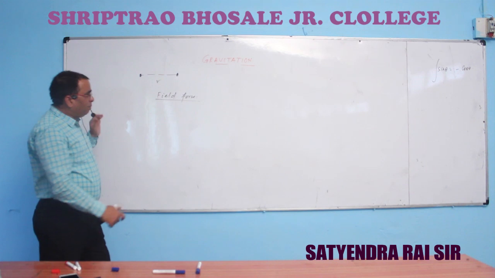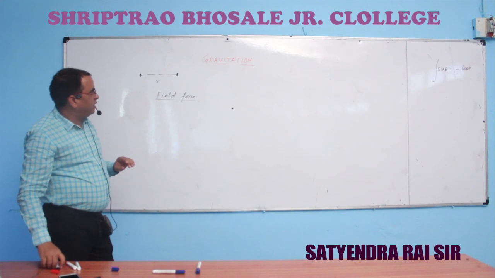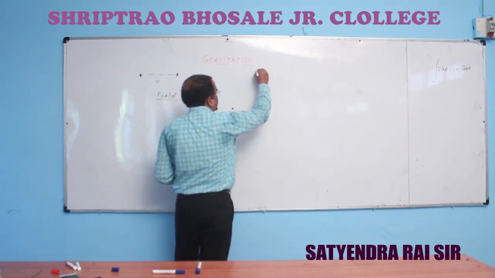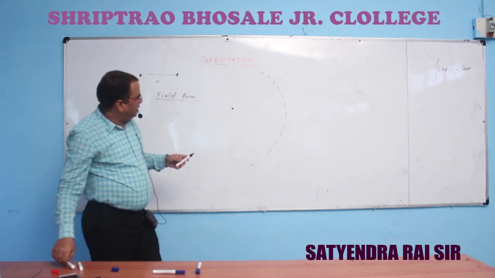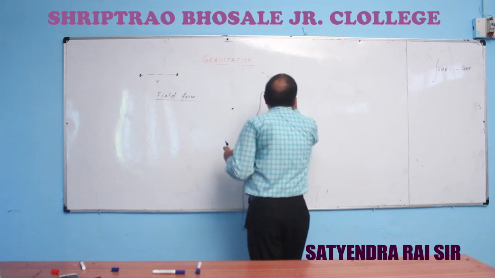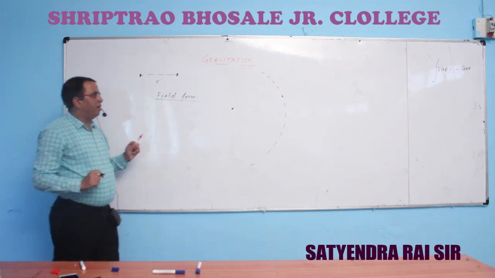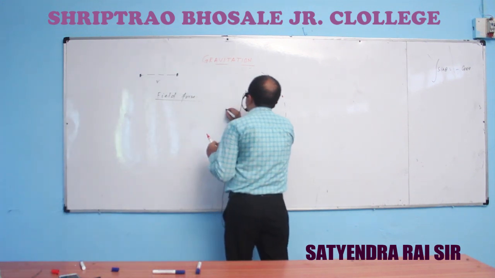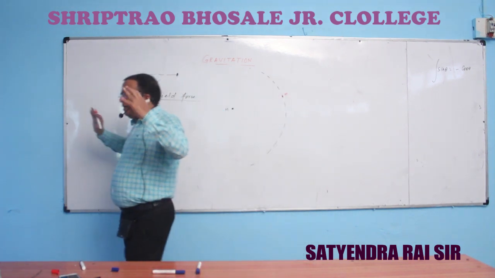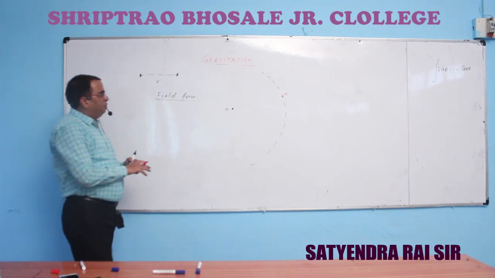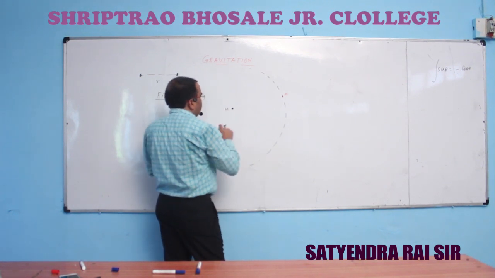Field force means every mass particle will create its own region of influence, and if anyone else gets spotted in this region of influence, it will be pulled by the particle. Say this is particle capital M, and another particle of mass small m is placed at some distance from capital M. It will start feeling attracted.